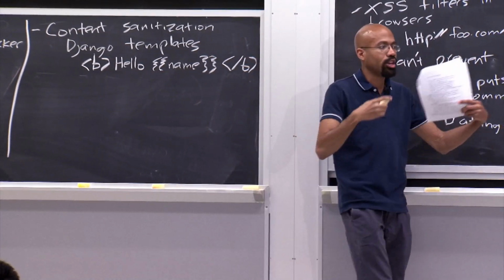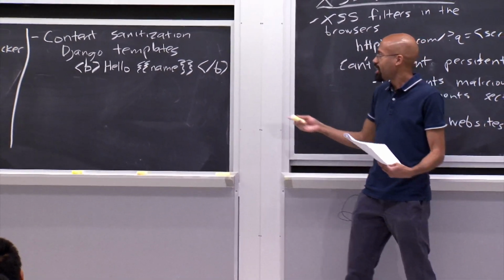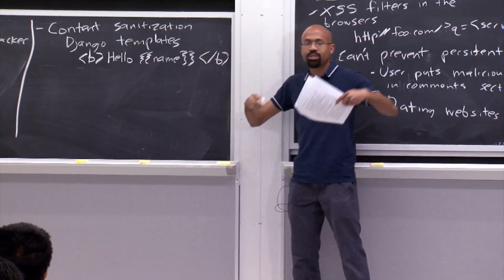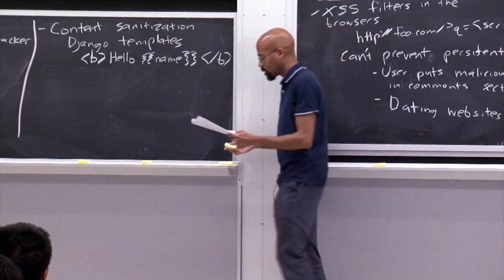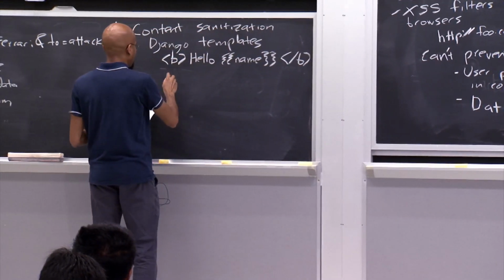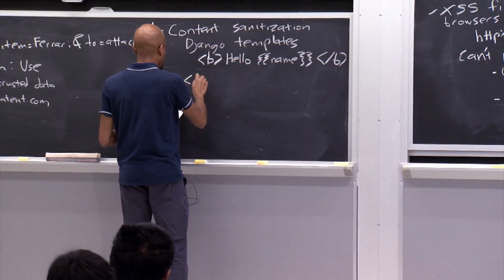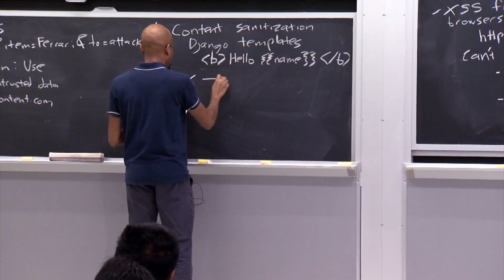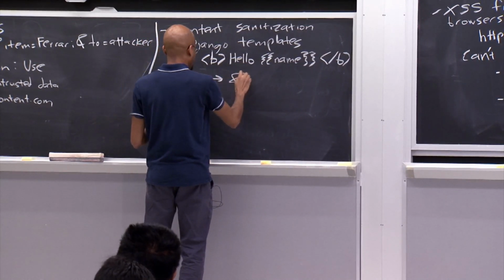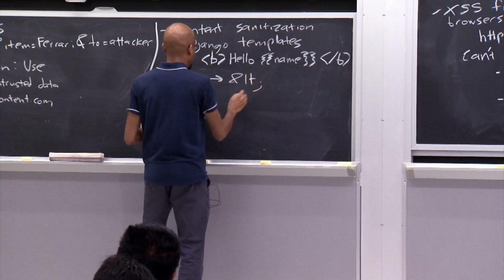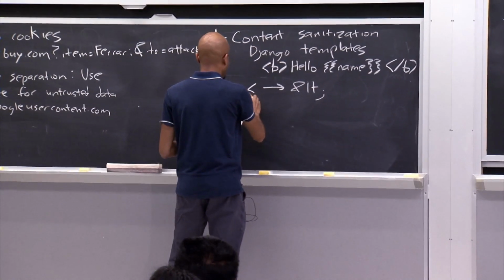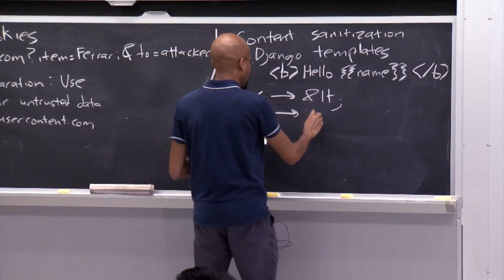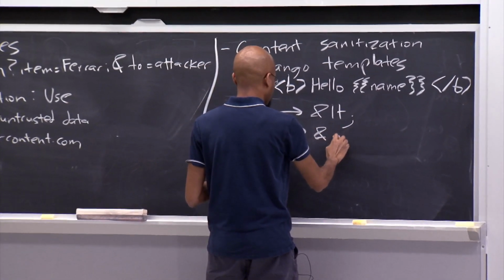Instead, it is going to encode it in such a way that this content will never be able to escape out of the HTML context and execute JavaScript or something like this. So for example, one thing it'll do is take the angle brackets and translate them into these HTML entities, right? The less than character gets transformed into this. The greater than character gets translated into this.